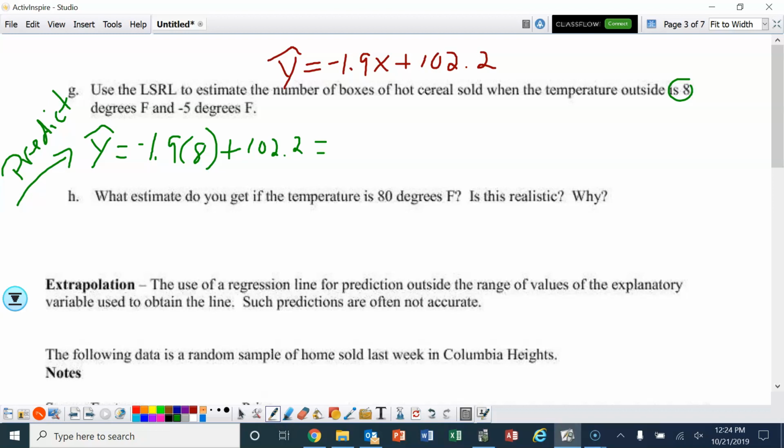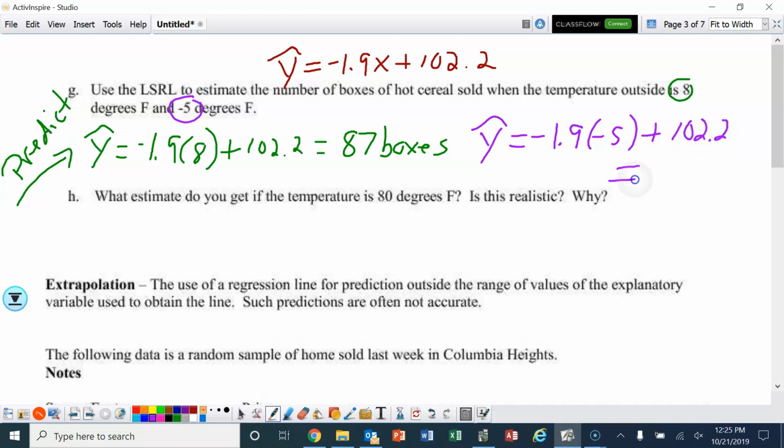We predict that they're going to sell 87 boxes. Now let's do the negative 5 degrees. So again, y hat equals negative 1.9 times negative 5 plus 102.2. How many boxes of cereal do we predict? Well, first we get 111.7, but then we're going to round it, so approximately 112 boxes.